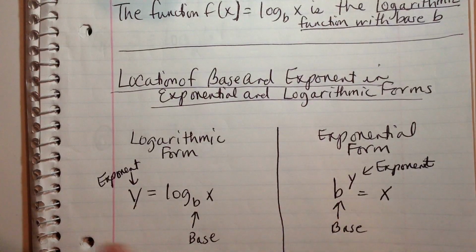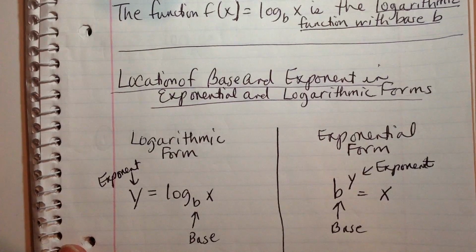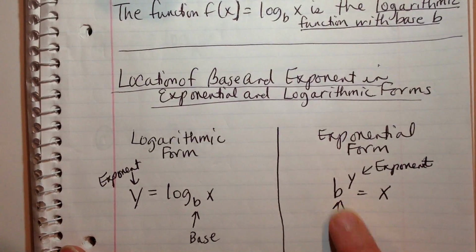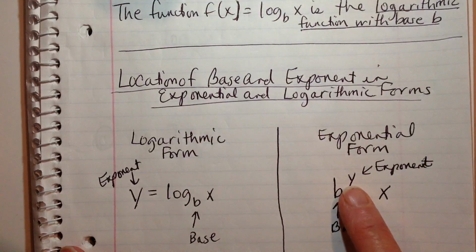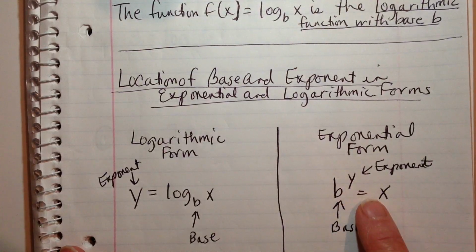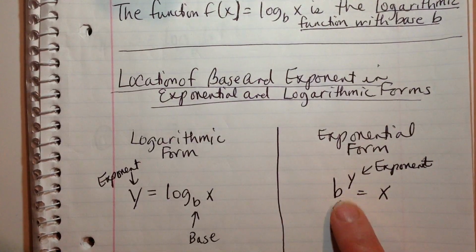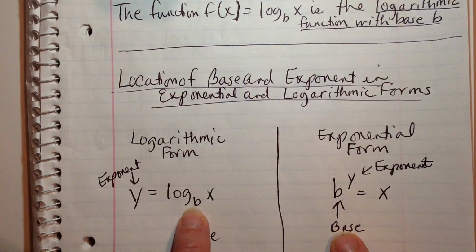Over on the right-hand side of my page, I have the exponential form. This is the form that we're more familiar with. A base, b is your base, being raised to a power, y is your exponent, equal to x. So this b on the right-hand side is your base. Over on the left-hand side in the logarithmic form, this b is your base.